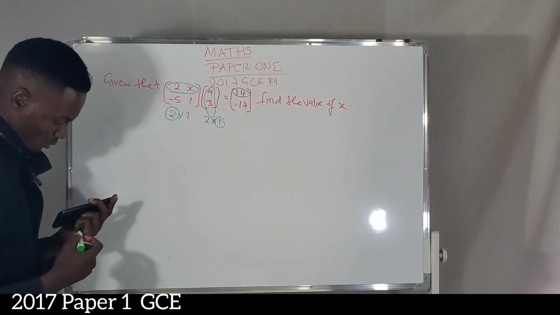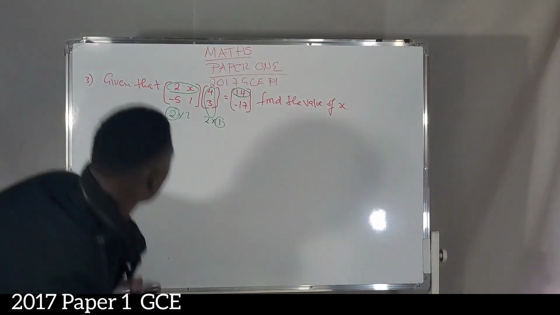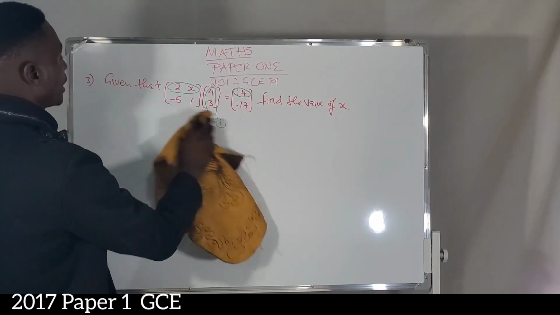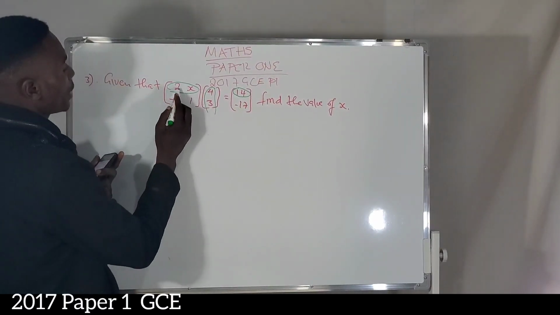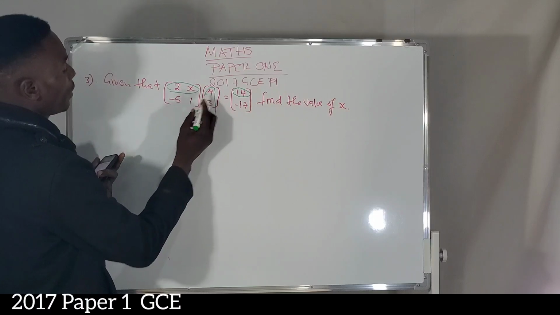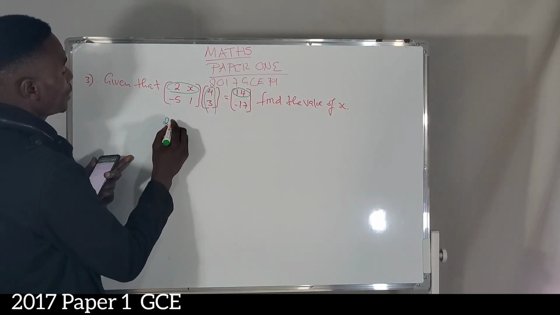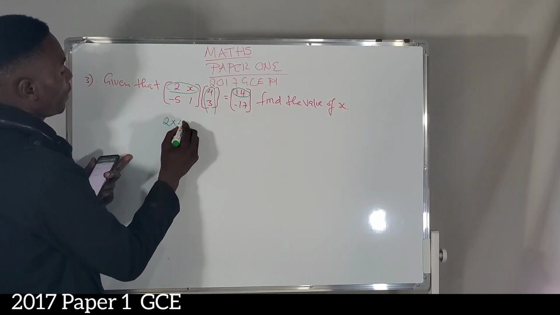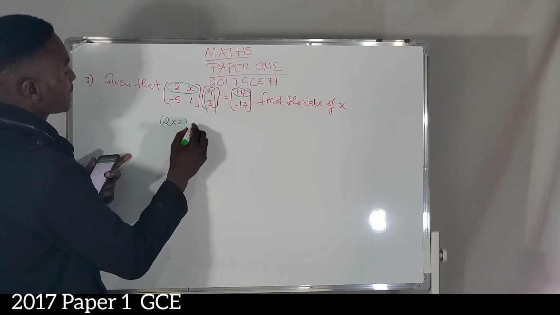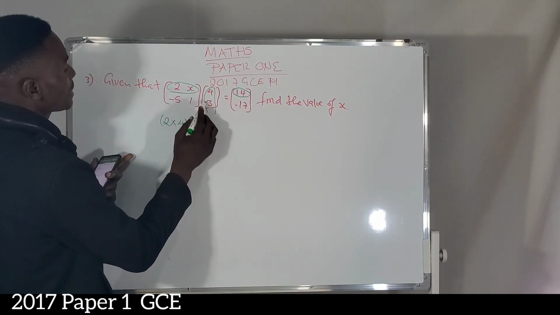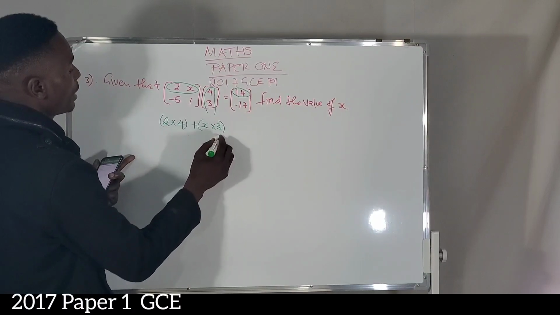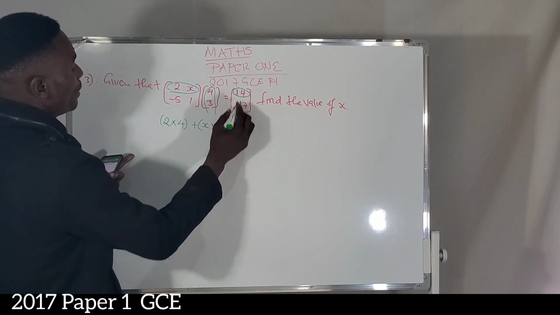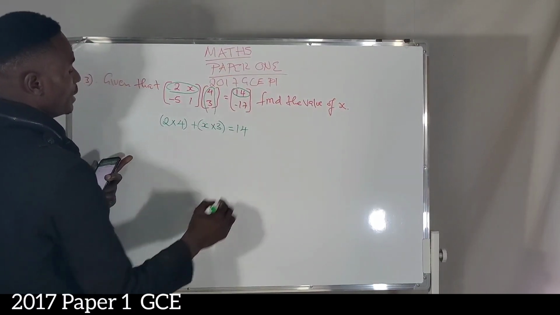So what do you do to find the value of x? To find the value of x, you're going to say 2 times 4, in bracket, plus x times 3, is equal to this value 14.